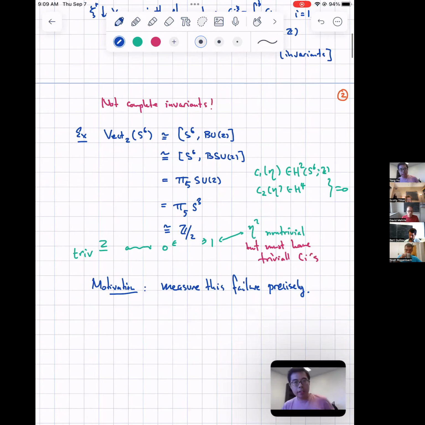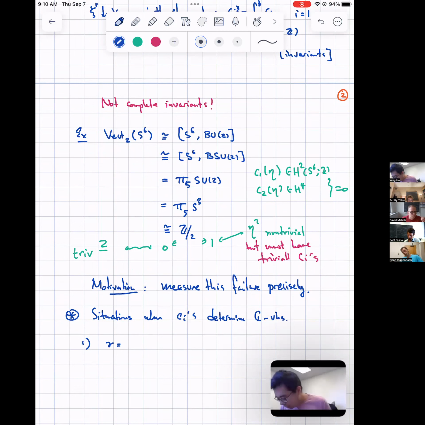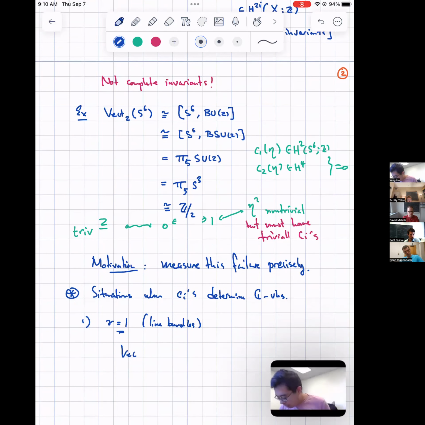Okay, and since we're here, let's talk about a few situations where Chern classes do serve as complete invariants for complex vector bundles. The easiest case being the case of line bundles. So when the rank of the bundle equals 1, Vect_1(X), by homotopy classification, is homotopy classes of maps from X to BU(1).